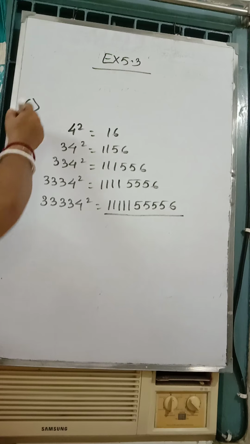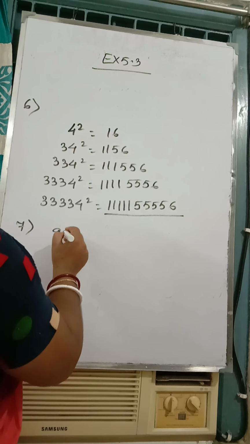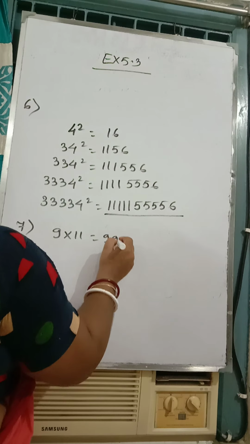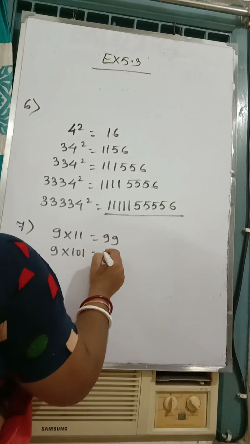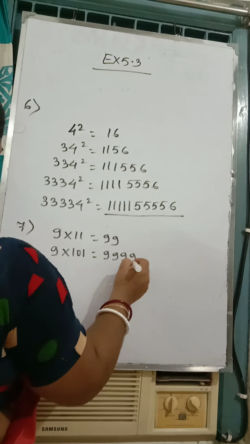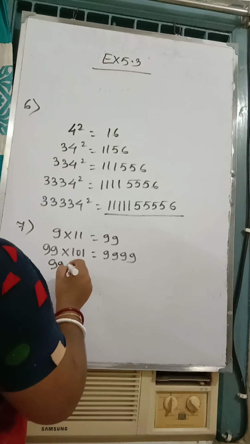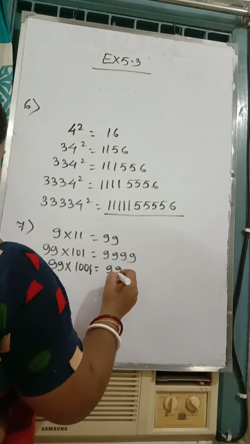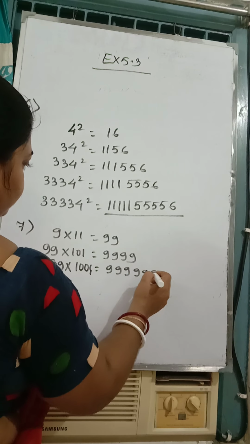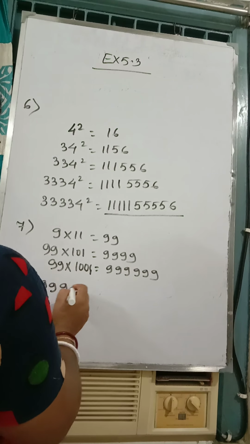Question number 6. Question number 7. 9 into 11, 99. 9 into 101, 9999. 99 into 1001, then this is 6 nines. So how many do you have? 4 nines in total.